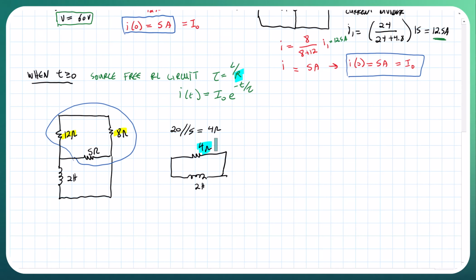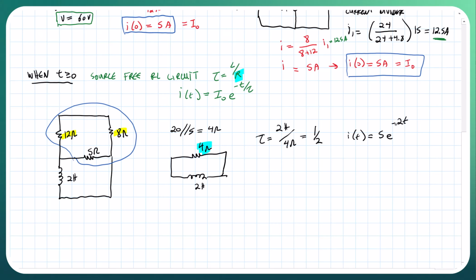So it's essentially a source-free RL circuit, and this 4 is our R equivalent. Tau is equal to L, which is 2 henries, over our R equivalent, which is 4 ohms, that's going to give us 1/2. Then we use the equation I of t is equal to I naught, and we said I naught was 5 amps, e to the minus 2t.